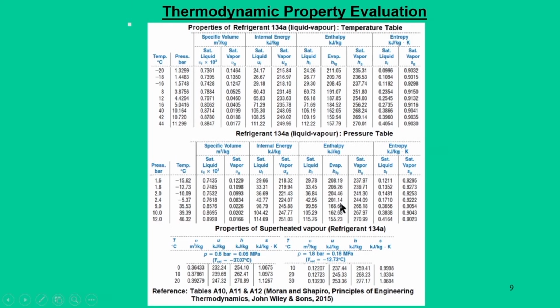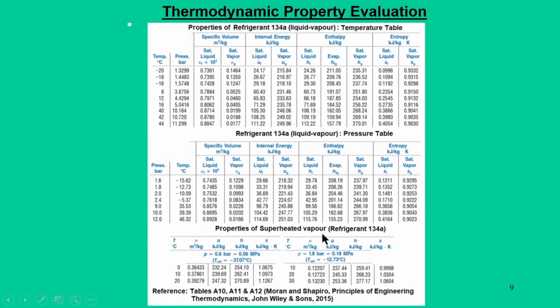Apart from that, there is the superheated region. In our thermodynamic states, the superheated region comes at state 2s, when the refrigerant comes out of the compression system. For this region we use the superheated vapor table, and for that we require two parameters: one is pressure, and the other is one of specific volume, internal energy, enthalpy or entropy.